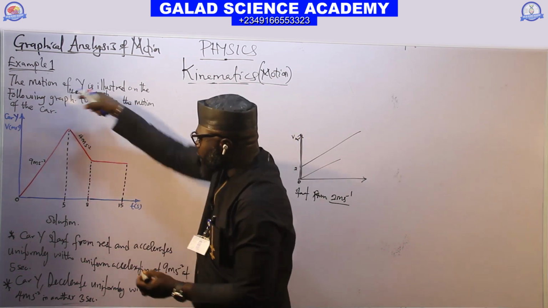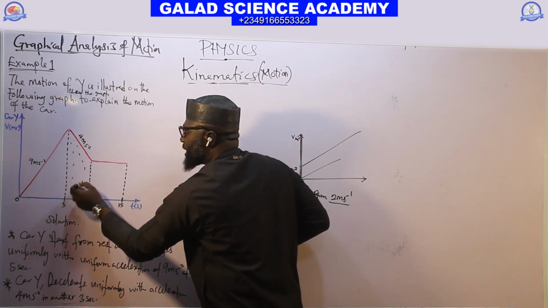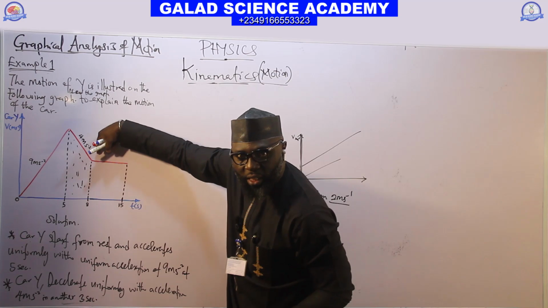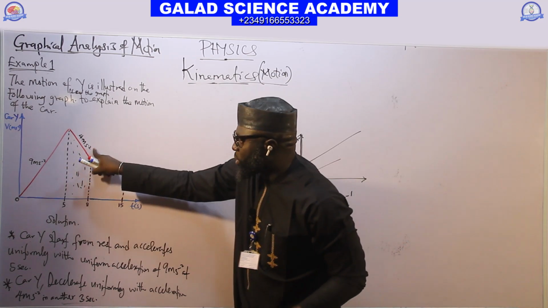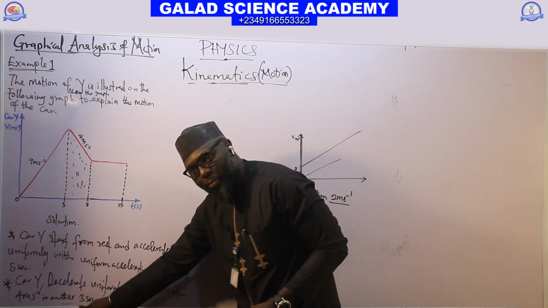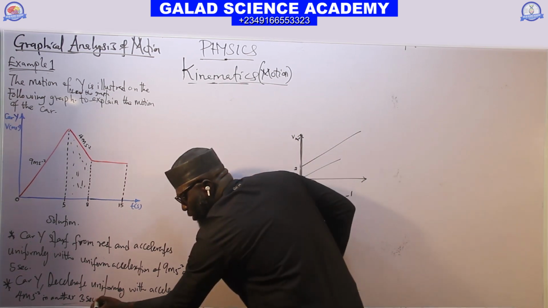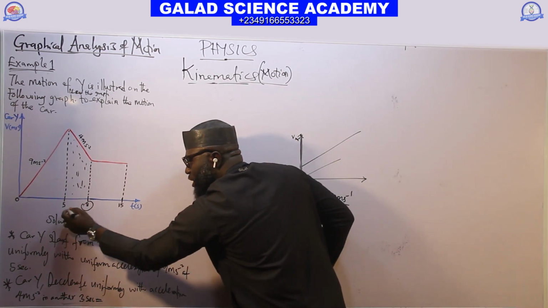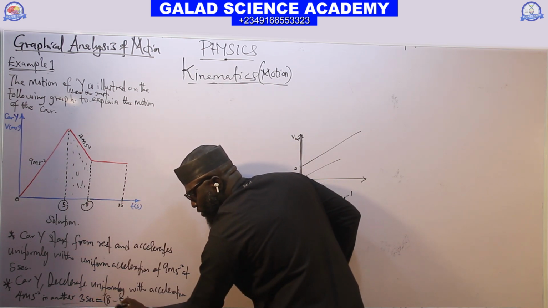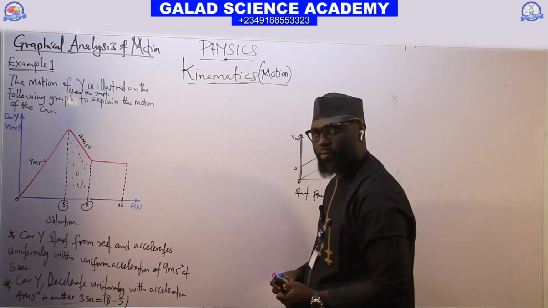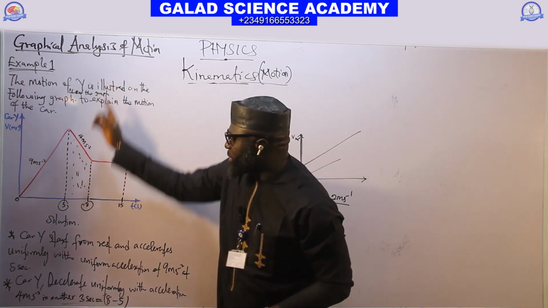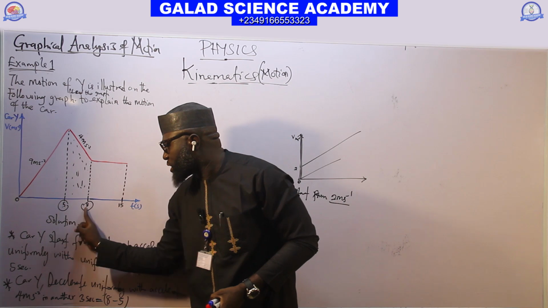So for the car to decelerate, this is the region. When you get to this point, it decelerates uniformly with 4 meter per second squared, and the time is 3 seconds. How do we get 3 seconds? You subtract this 5 from this 8. You have 8 minus 5, to give us 3 seconds. So for this car to decelerate uniformly at 4 meter per second squared, the time taken is 8 minus 5, which is 3 seconds.